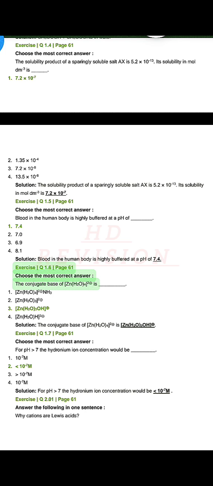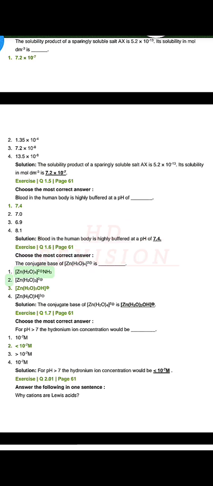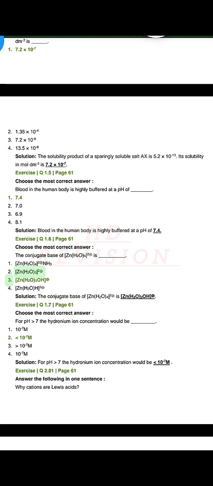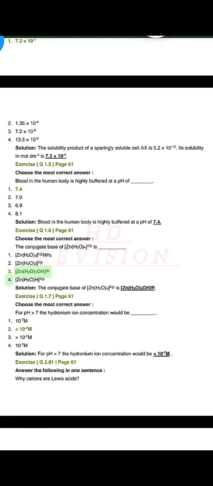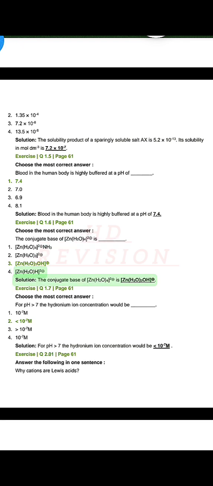Choose the most correct answer. The conjugate base of Zn(H2O)4 2+ is: 1. Zn(H2O)4, 2. Zn(H2O)3, 3. Zn(H2O)3(OH), 4. Zn(H2O)3(OH)+. Solution. The conjugate base of Zn(H2O)4 2+ is Zn(H2O)3(OH)+.